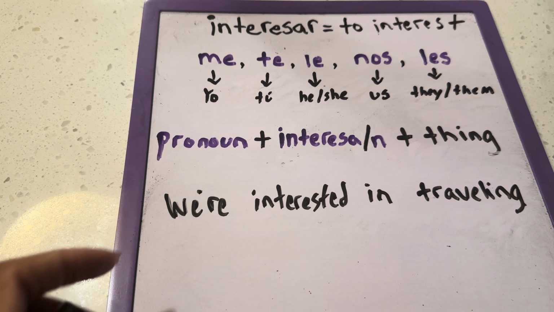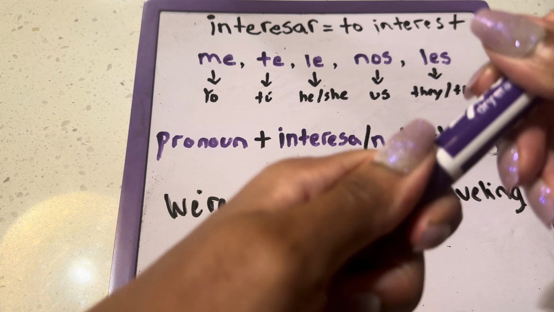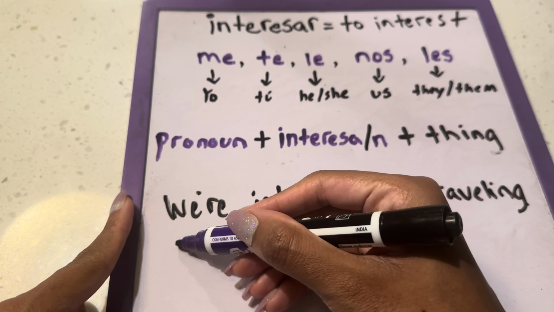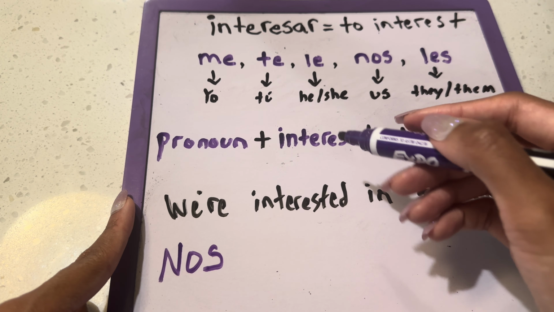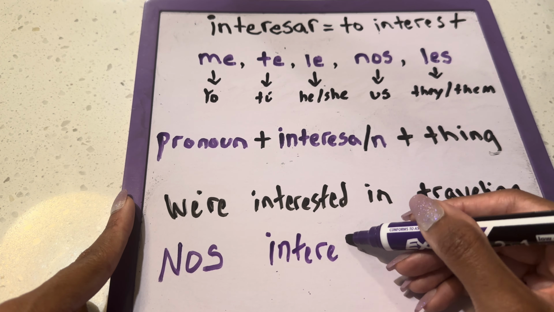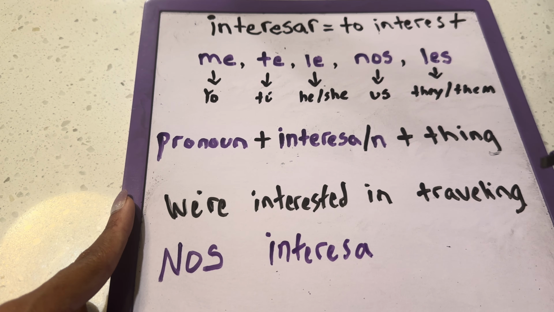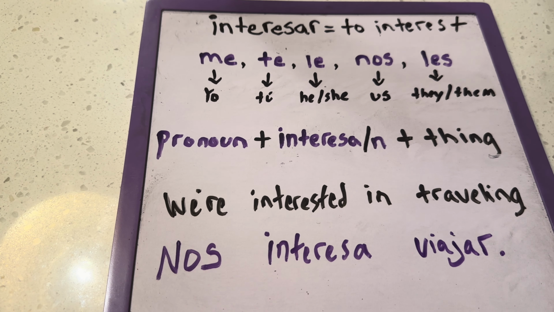So if I want to say we're interested in traveling, first start off with nos, interesa. And then travel, it's a verb that is viajar. So we're interested in traveling is nos interesa viajar.